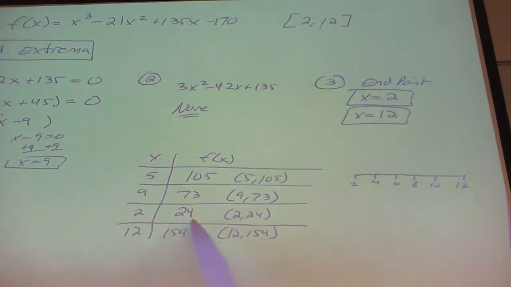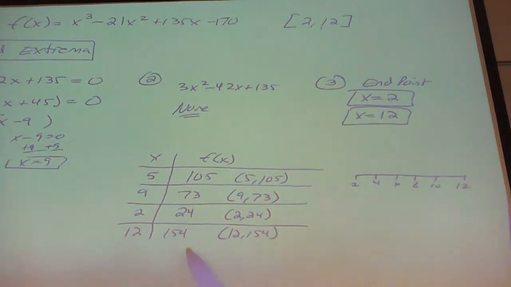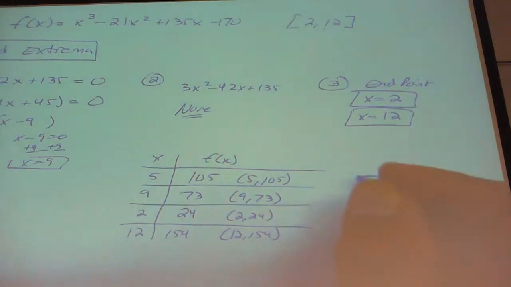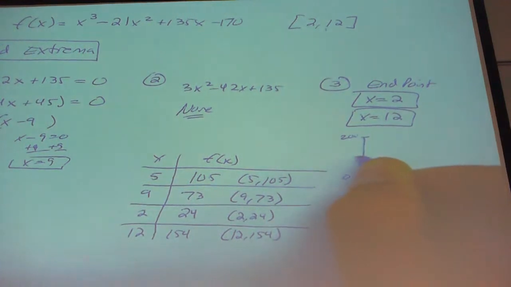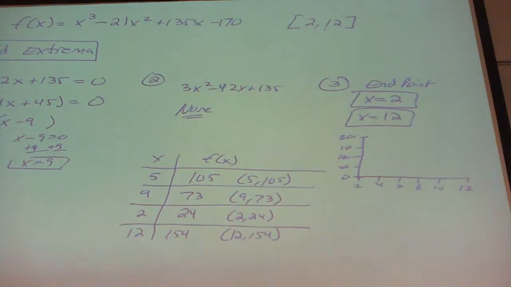You could start at 20 and go to 160, but we want to get some good cushion. So I'd maybe go from like 0 to 160, or maybe 0 to even 200. Give yourself some cushion. So for the y, let's go from 0, maybe all the way up to 200, counting by 50s. Now again, nobody's going to give you the window.